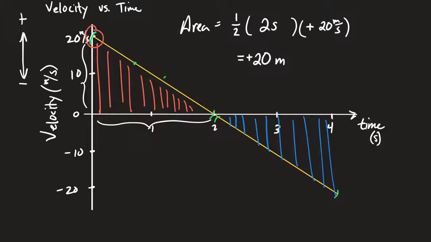Now, here's the important thing. I'll call it displacement. Actually, delta x is the symbol I want to use for displacement. And it is positive 20 meters. Before the ball stopped, it traveled 20 meters upwards.